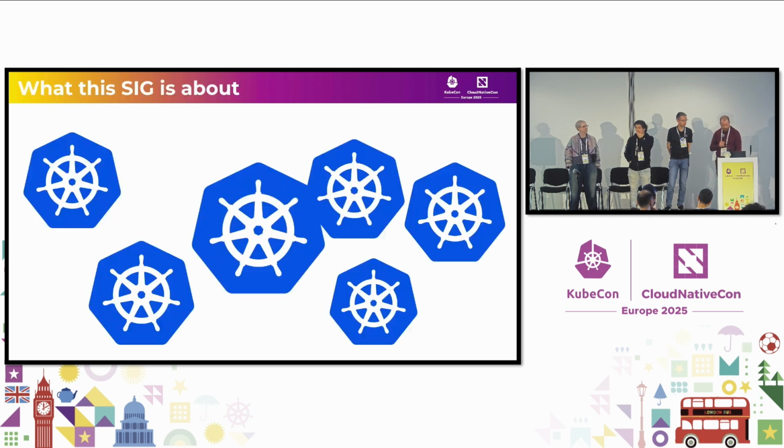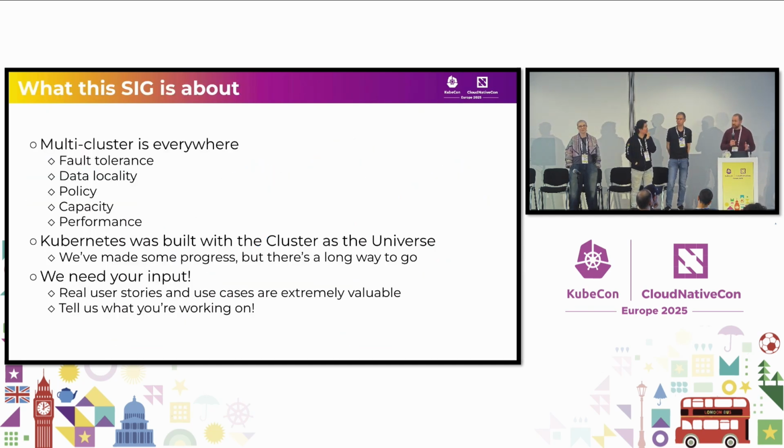So what are we about? Clusters, right? Multi-cluster is everywhere these days, and this has been increasingly true at every KubeCon for years now, and this year more than ever. We're seeing lots of the problems we've talked about in the past, that I'm sure a lot of you are familiar with: fault tolerance and data locality and policy.